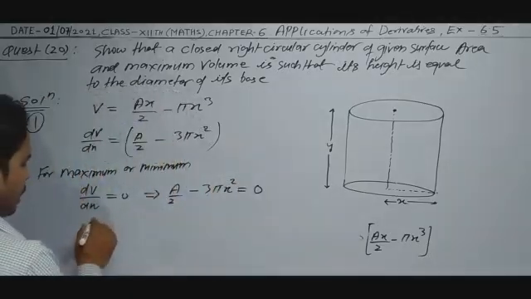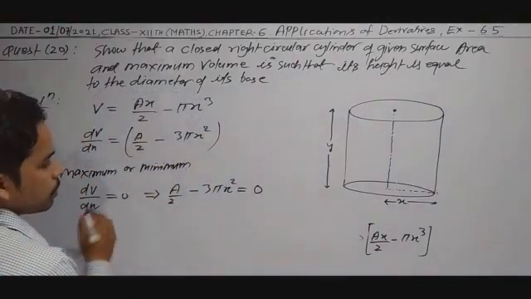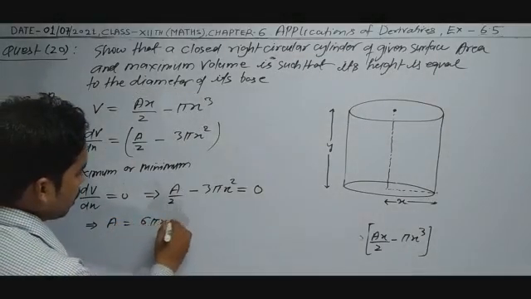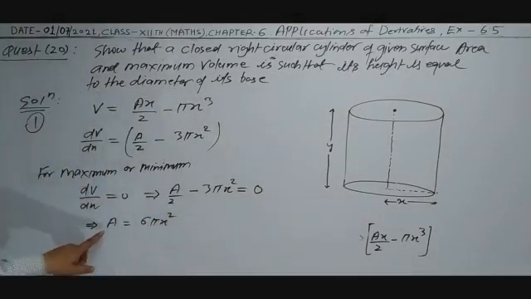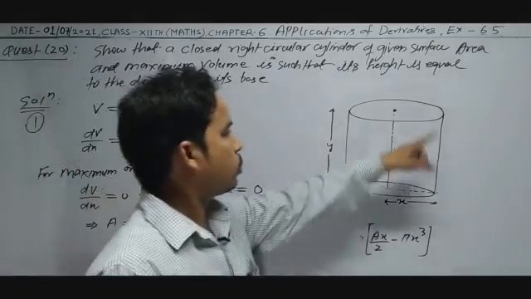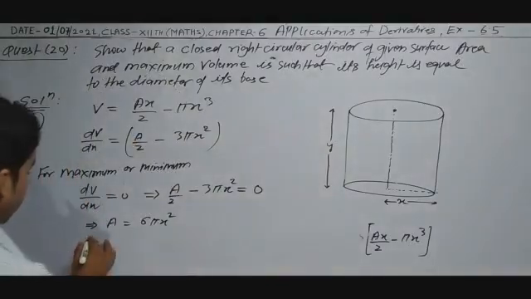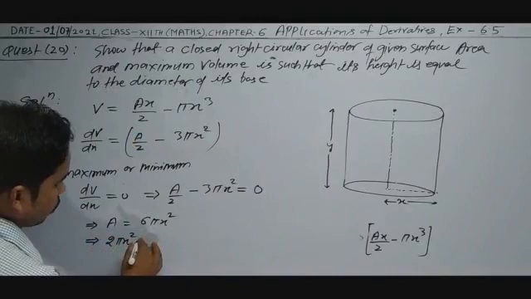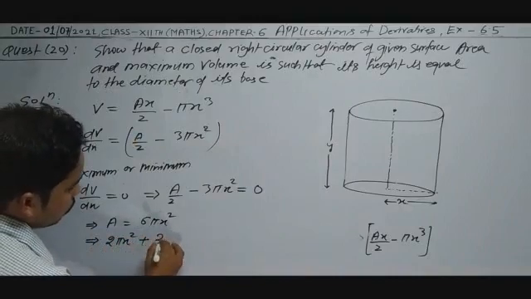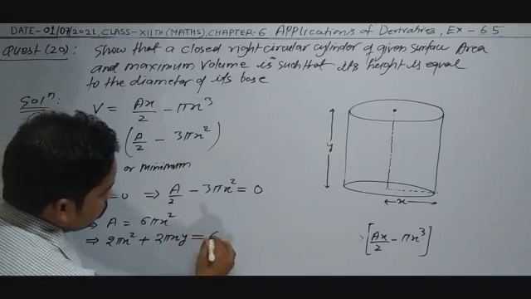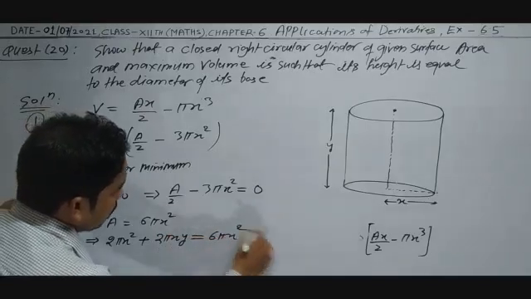This implies A is equal to 6 pi x square, and you know A is the total surface area, which is 2 pi x square plus 2 pi x y, equal to 6 pi x square.